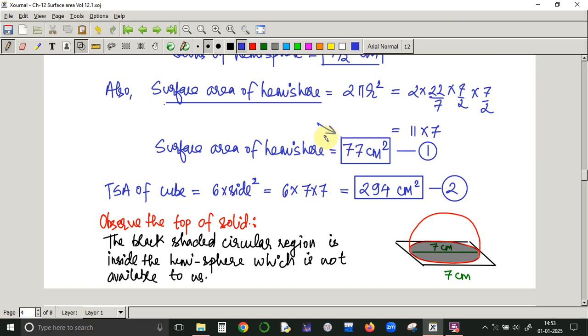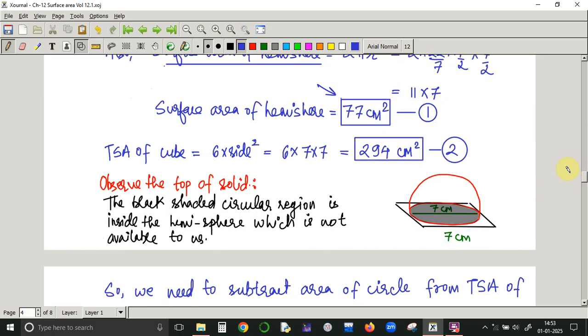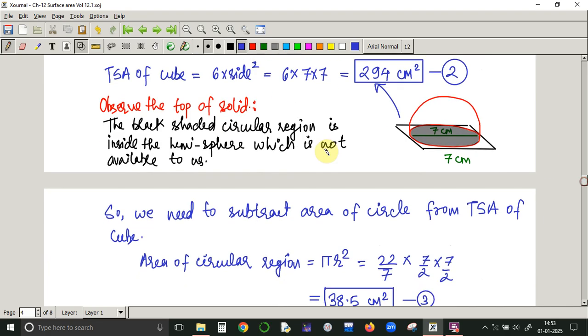Total surface area of the cube is 6 times side square, so 294 centimeter square. But observe that this black disc is not available in the total surface area of the object, so I have to subtract this from the total surface area of the cube.